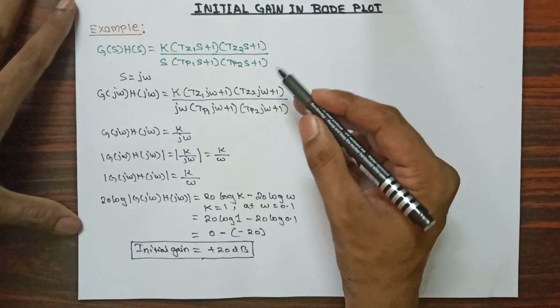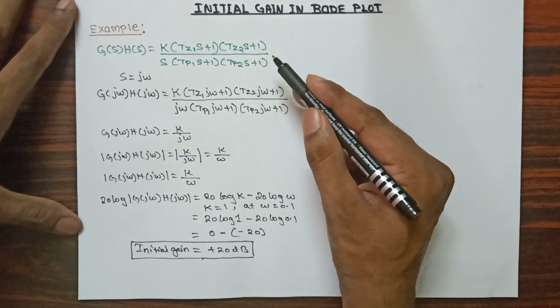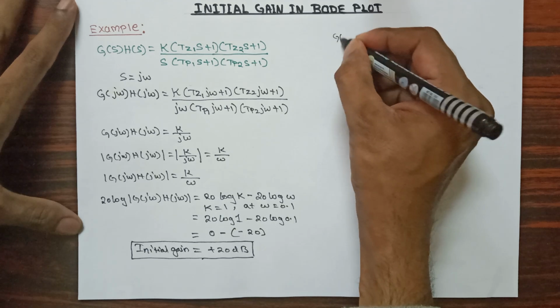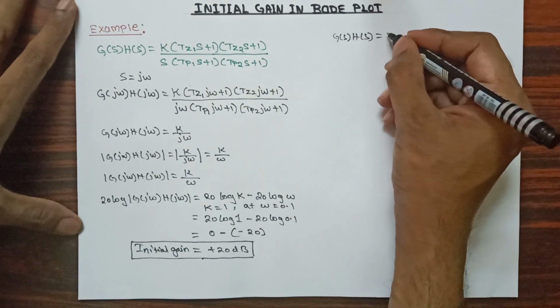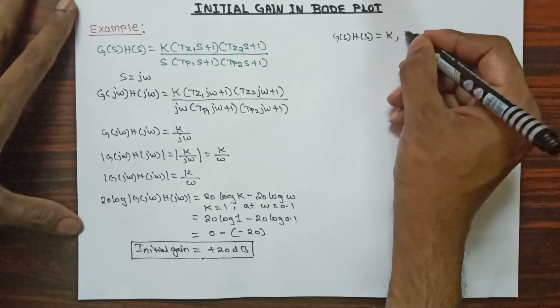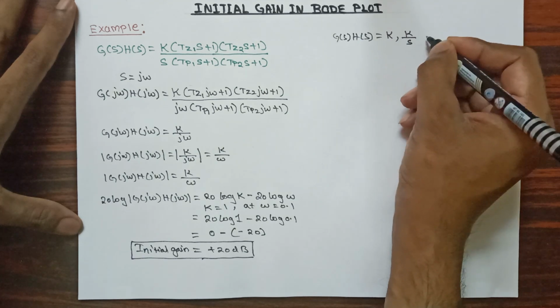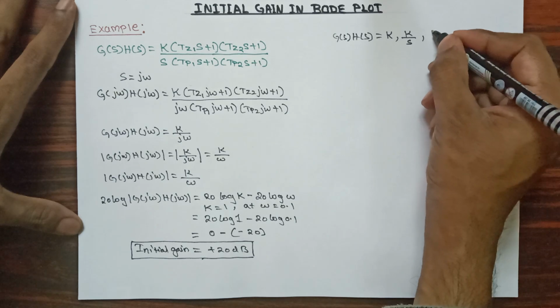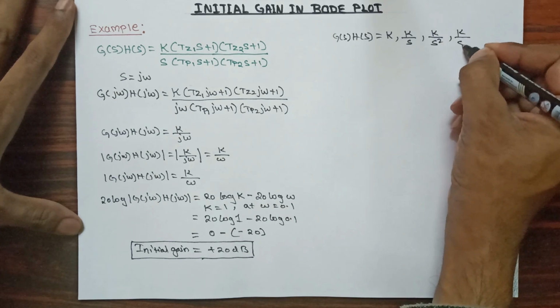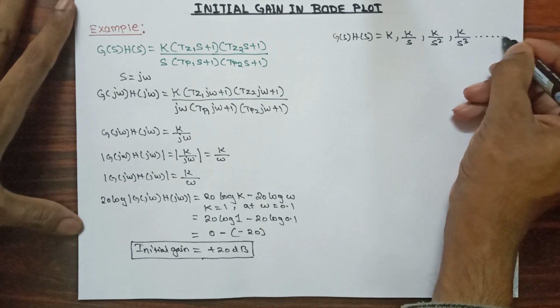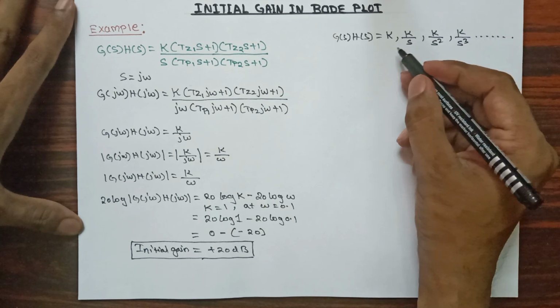So the possibilities in the open loop transfer function G(s)H(s) with respect to poles: I may get only gain K, or else K divided by s, or else K by s square, or else K by s to the power 3. Depending upon the problem, we may have this many possibilities.